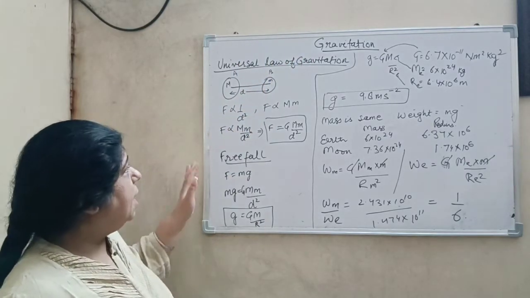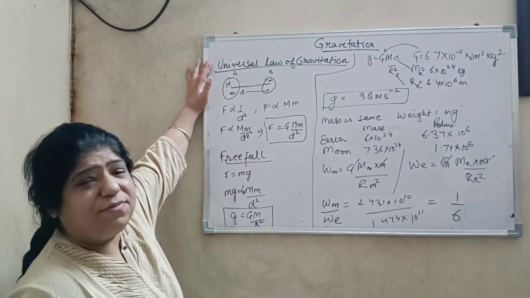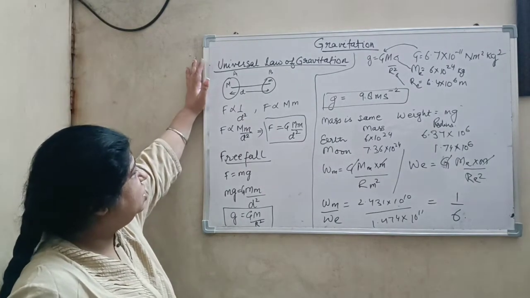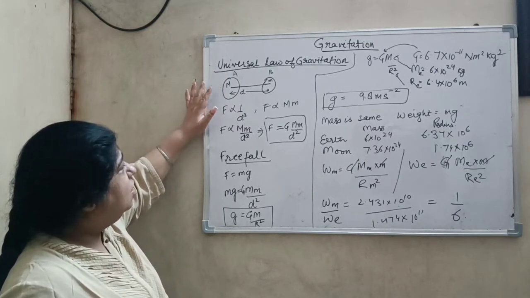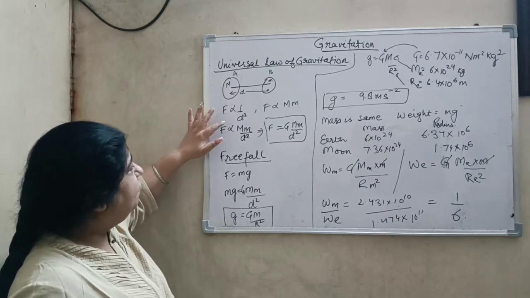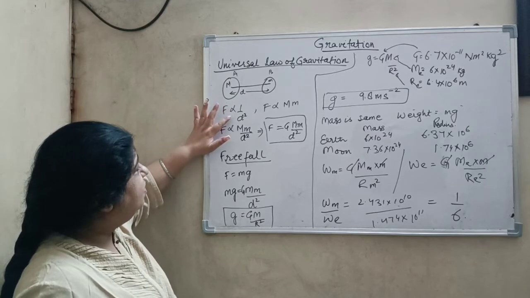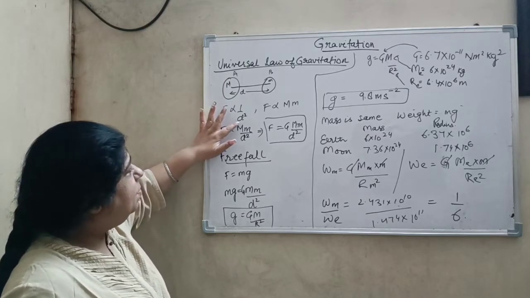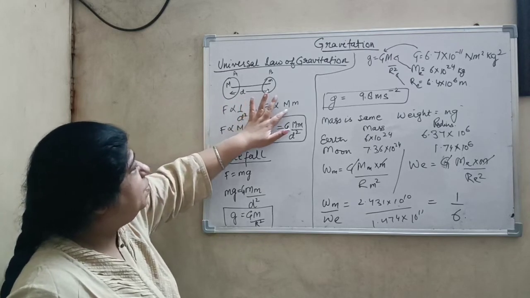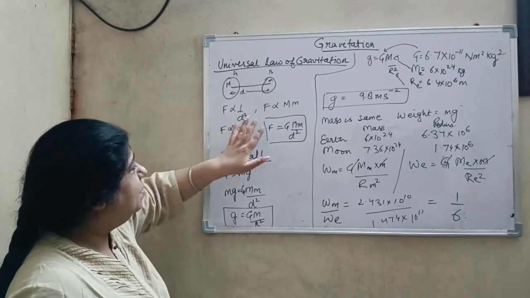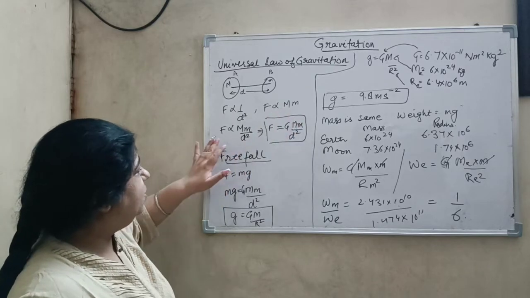So I'll be starting with the universal law of gravitation. Two objects attract each other with a force which is inversely proportional to the square of the distance between them and directly proportional to the multiplication of the masses between them.